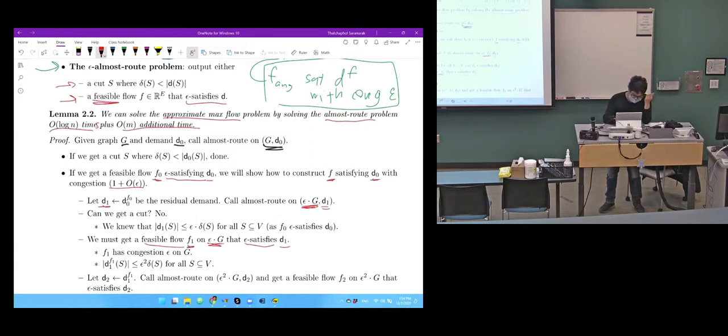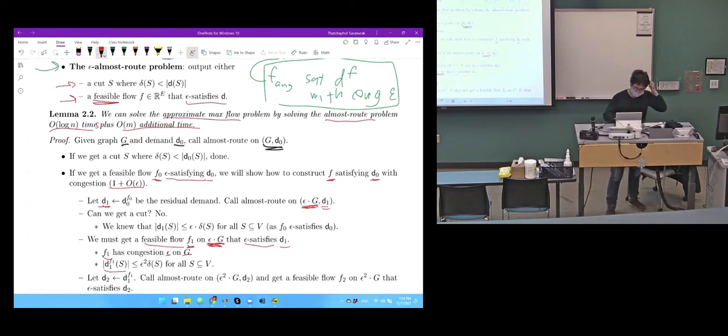In particular, F1 is a feasible flow in this graph, so it has epsilon congestion in the original graph. And what do we know about the residual demand of this residual demand?